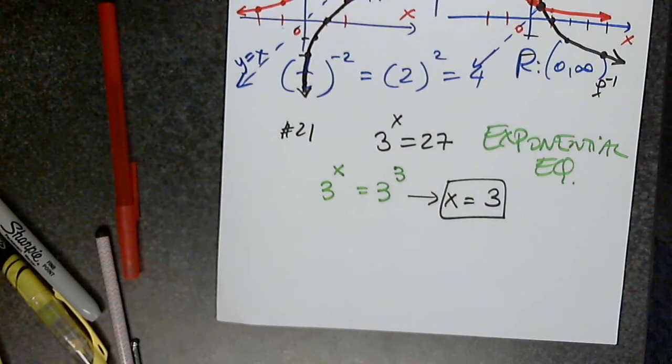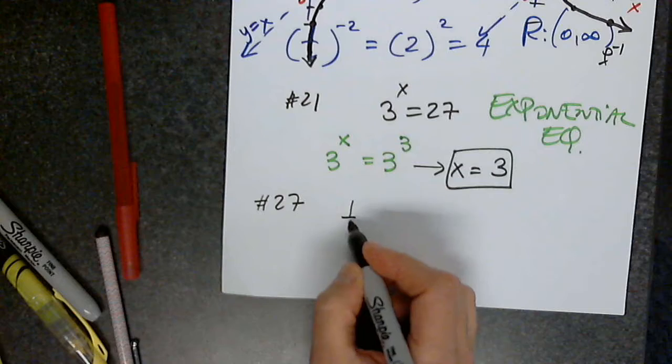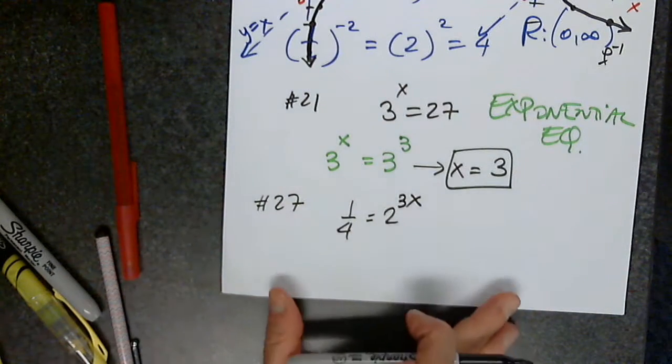And no, not all exponential equations are this easy. For example, page 736, I'm looking at 27. 1/4 equals 2 raised to 3x.